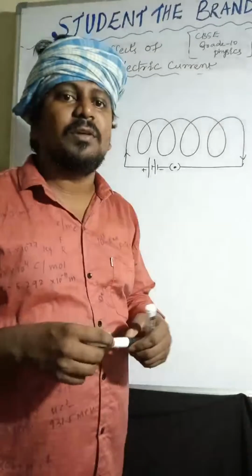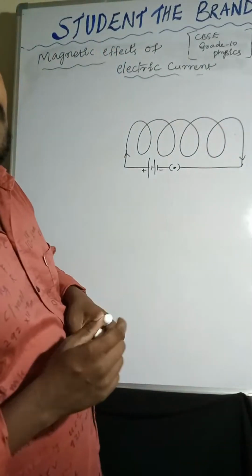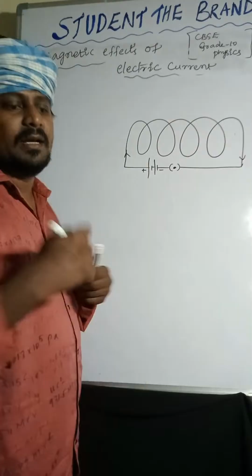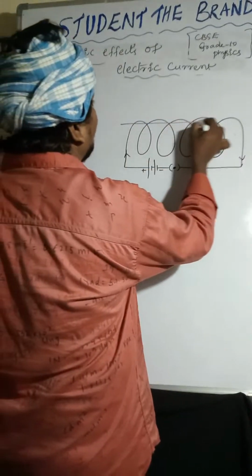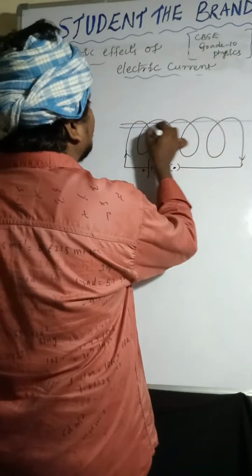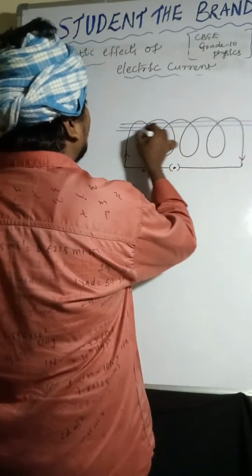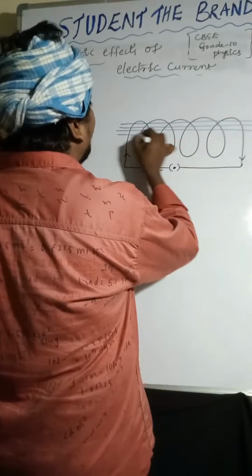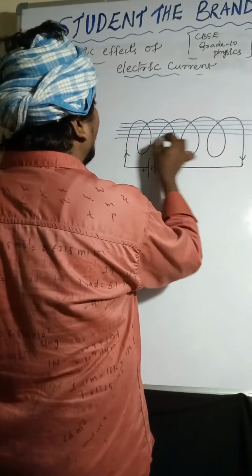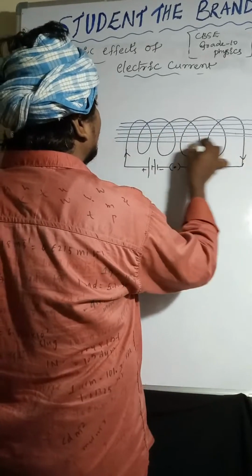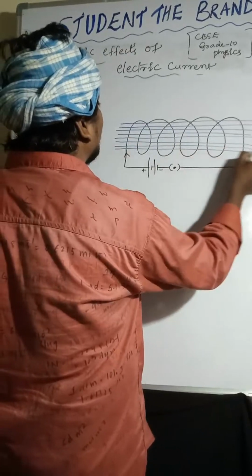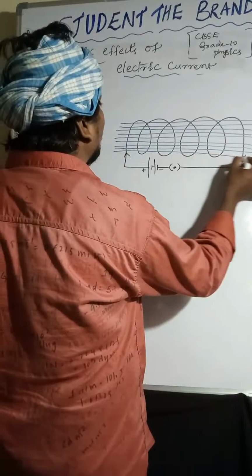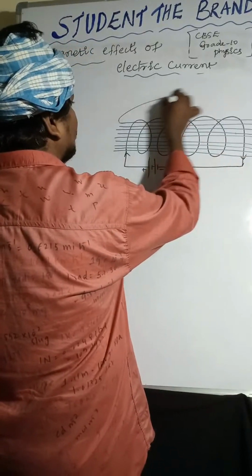Magnetic field will be produced around the current carrying conductor. So how it will be? Here I am taking 1, 2, 3, 4, 5, 6, 7, 8, and 9. So 3 above.